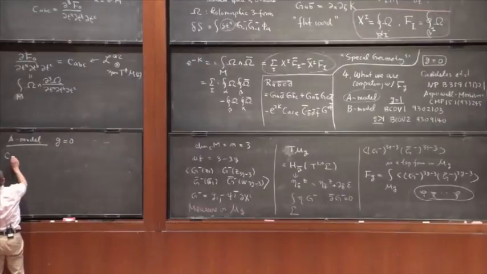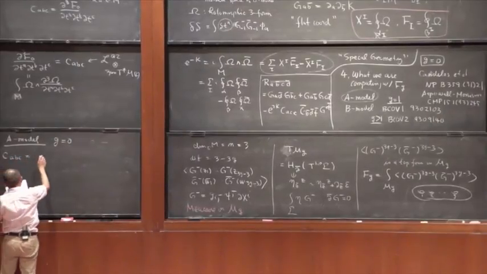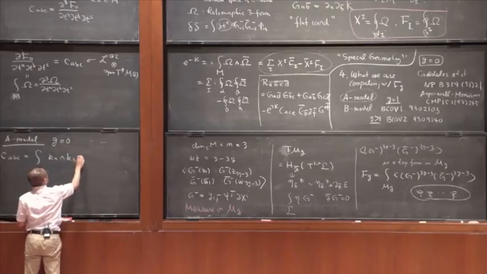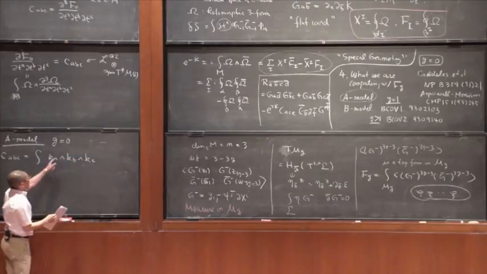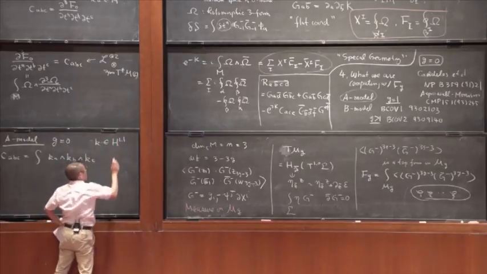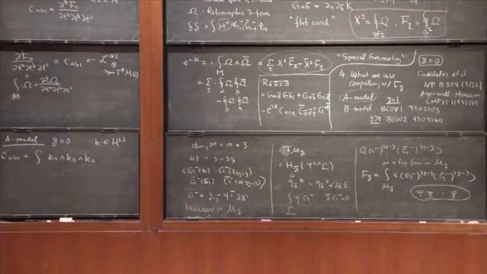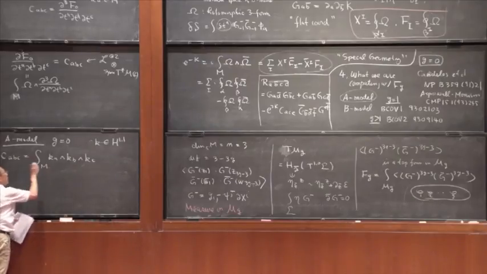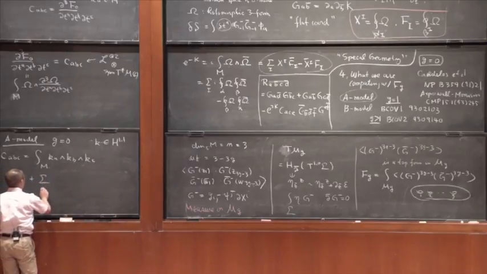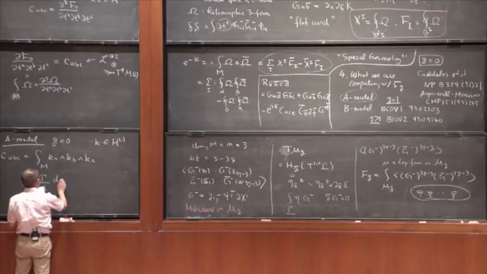In this case, the 3-point amplitude at genus 0 can, first of all, be expressed as an integral of a triple product. These K's are elements of H11, which correspond to the marginal deformations of this A model. So this will be the classical answer. If you just do the classical computation, you would get this. But then you get quantum corrections by a sum over instantons.